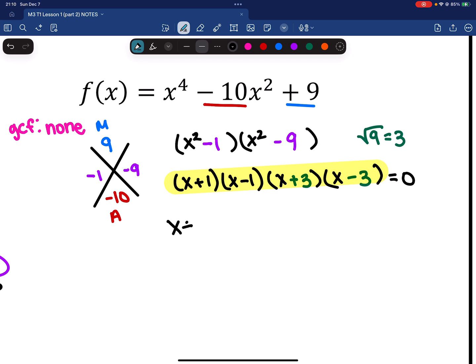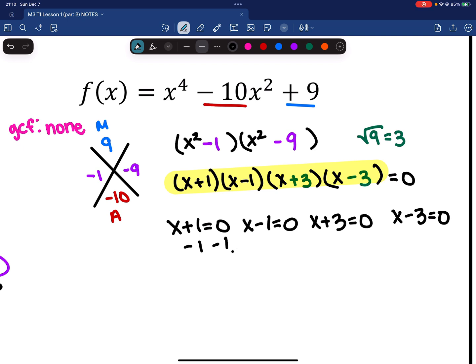So now we take each factor and set it equal to 0. So the first equation, we subtract 1 from both sides. We get x equals negative 1. Second equation, we add 1 to both sides, so we get x is equal to 1. Third equation, we subtract 3 from both sides.